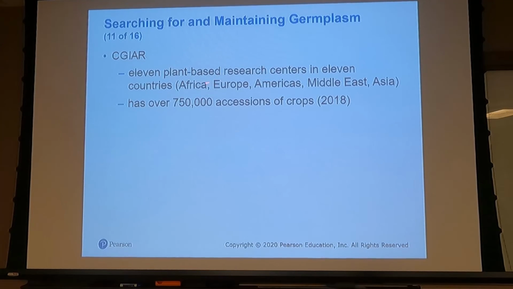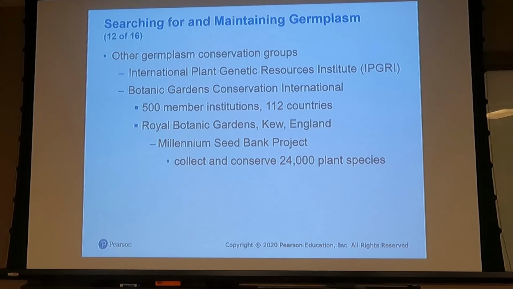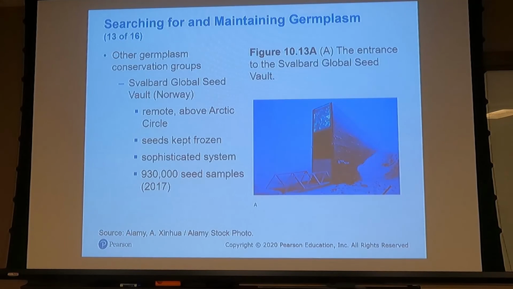So there are several of those centers. There are 11 plant-based centers with over 750,000 accessions of those crops. We also have the International Plant Genetic Resource Institute and Botanic Gardens Conservation International. They have over about 24,000 species.